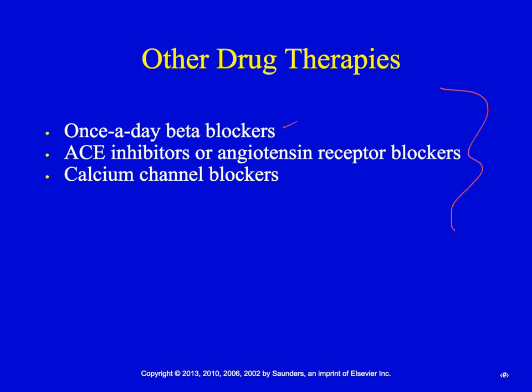Beta blockers block the beta receptors within the heart. Those beta receptors respond to stimulants such as epinephrine. So those beta cells in the heart, when they are exposed to epinephrine, it causes the heart rate to go up.